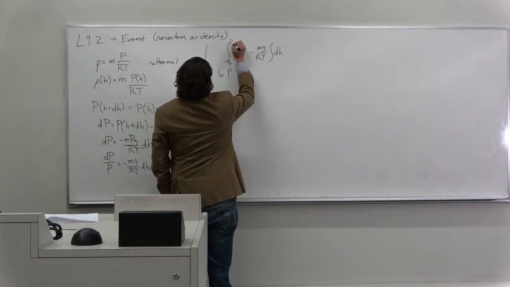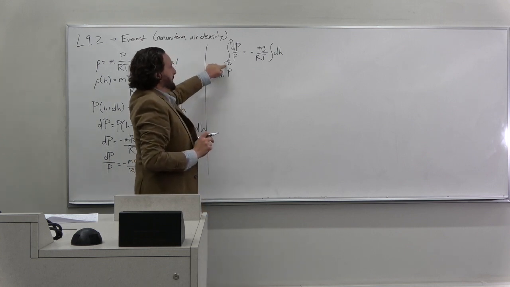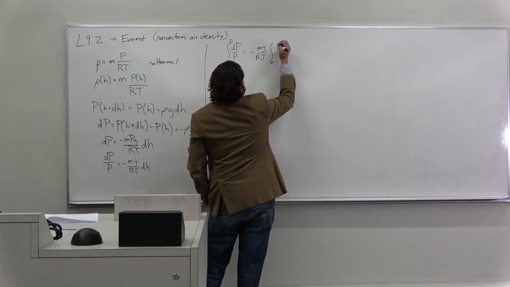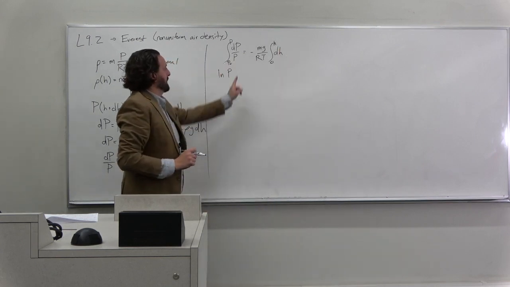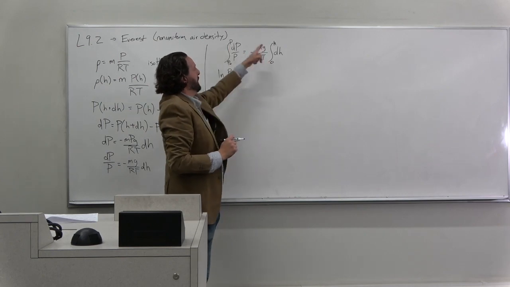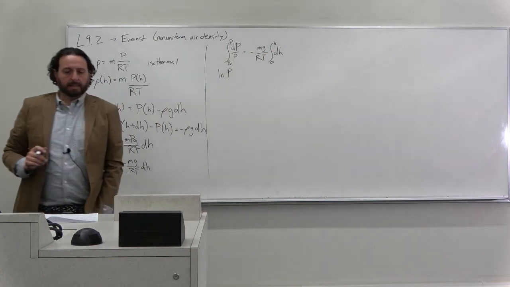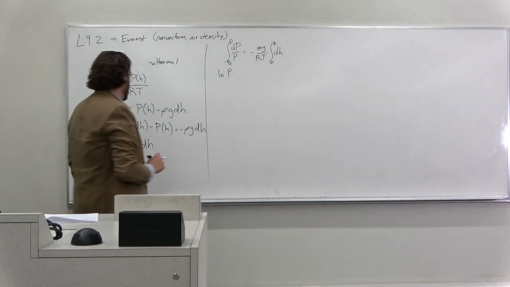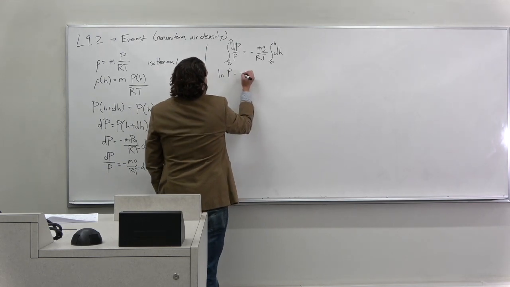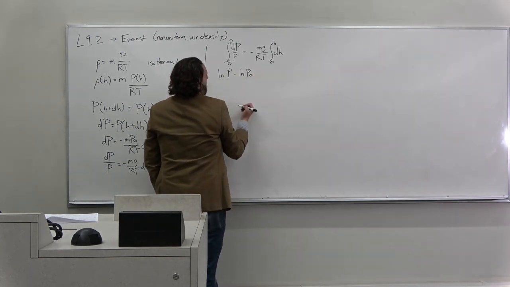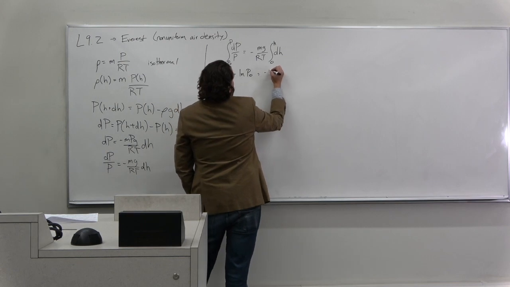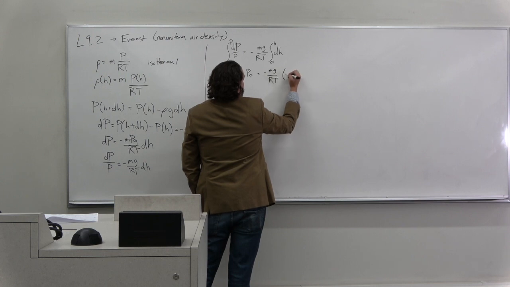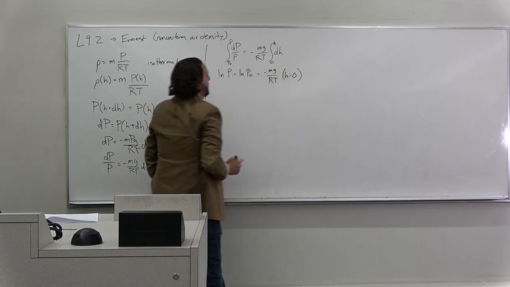Let's integrate from P0 to P, starting at sea level and moving up to the altitude we pick. So this is the pressure at sea level and the pressure at the altitude that we pick. This is going to be log P minus log P0, and minus mg over RT times H minus 0.